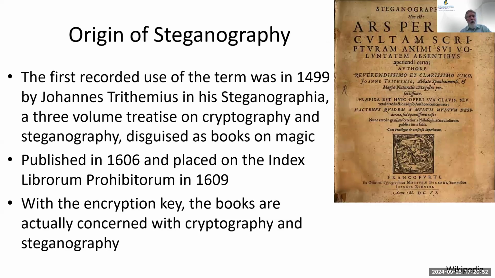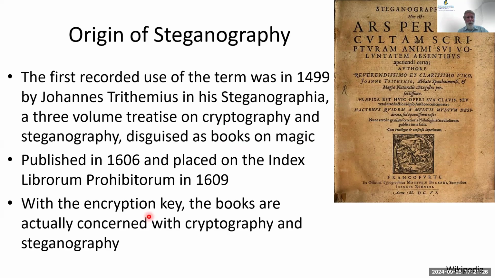Steganography has been around for a long time. This guy published this book in 1499, I'm not sure about the dates here, but it's Middle Ages type. It's interesting that it looks like it's talking about magic, but if you know the key, it's talking about cryptography and steganography.